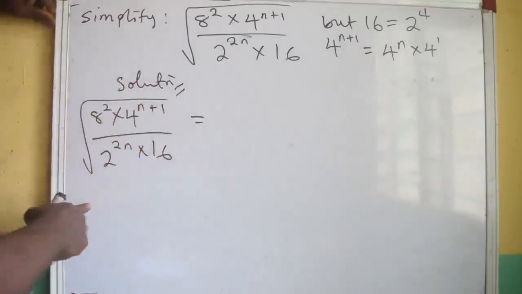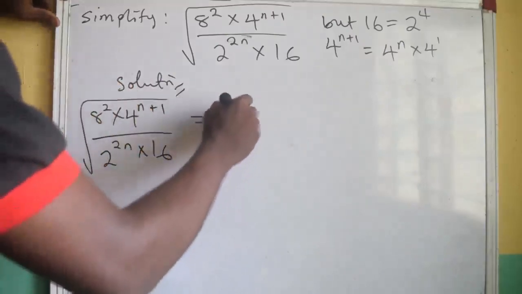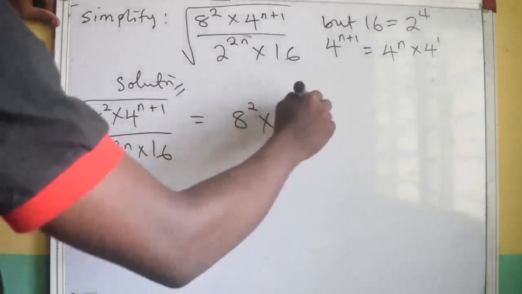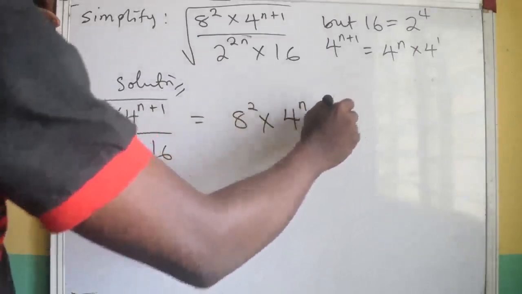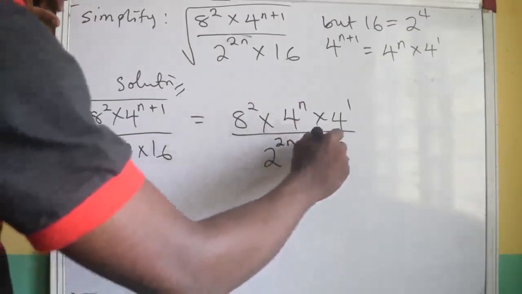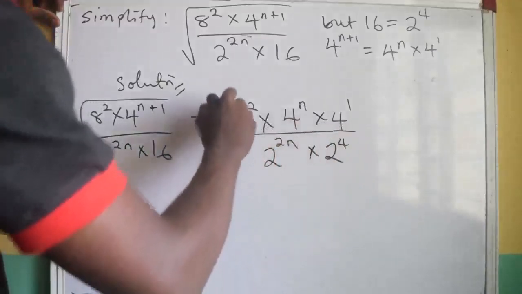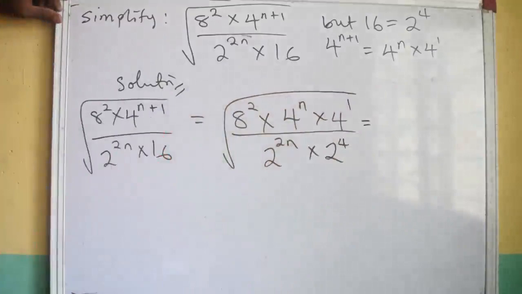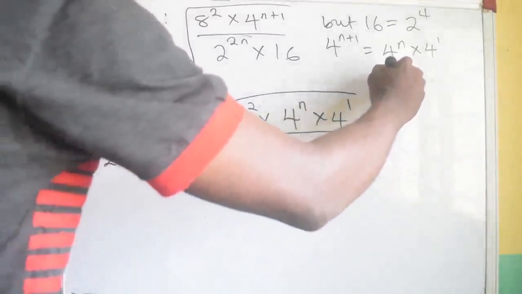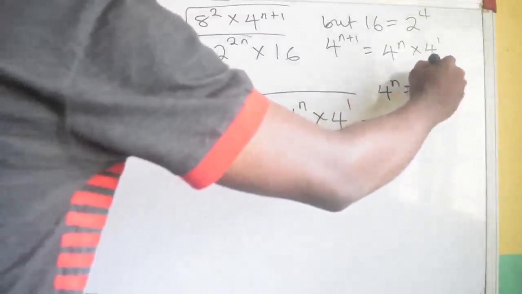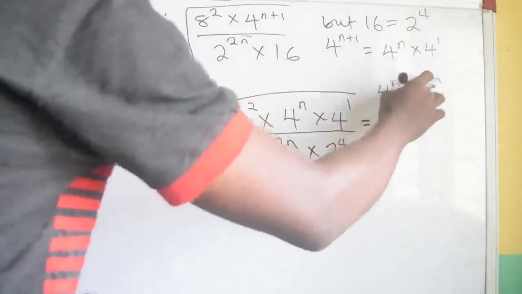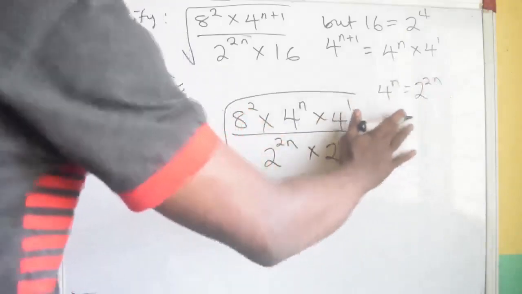Everything here is equal to 8 raised to the power 2 multiplied by 4 raised to the power n multiplied by 4 raised to the power 1 all over 2 raised to the power 2n multiplied by 2 raised to the power 4, all in square root. But we know that 4 raised to the power n is the same thing as 2 raised to the power 2n, because 4 itself is 2 raised to the power 2. So 4 raised to the power n will be 2 raised to the power 2n.